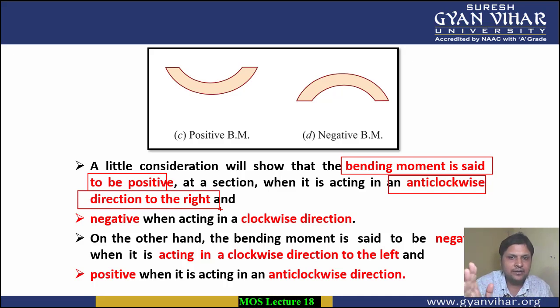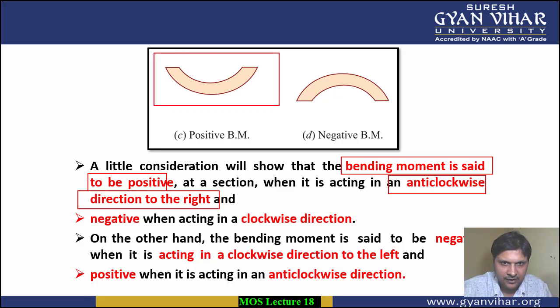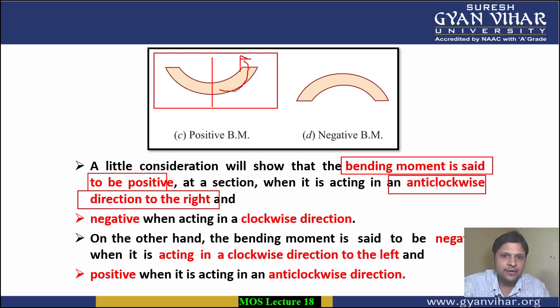As you can see, towards the right, if I divide this positive bending moment diagram into two sections, and on the right hand side the bending moment is anti-clockwise, then it will be considered as positive.